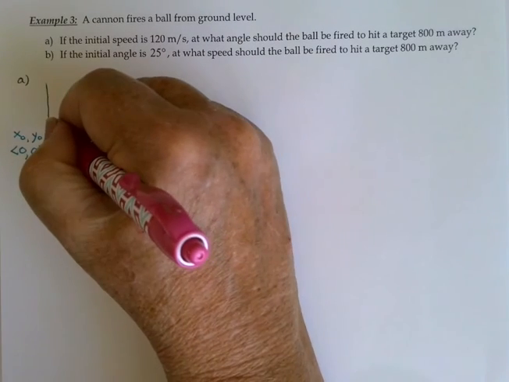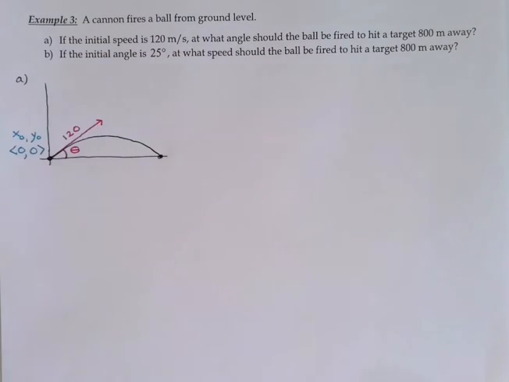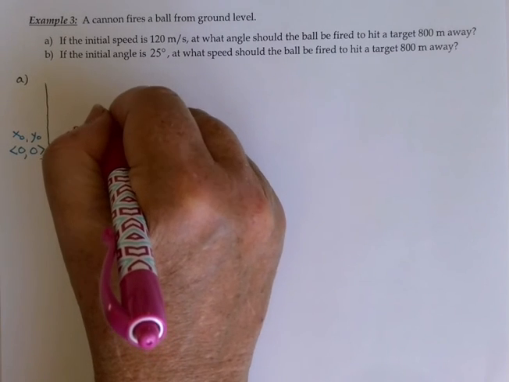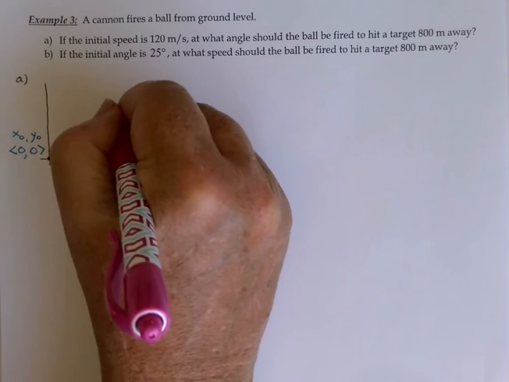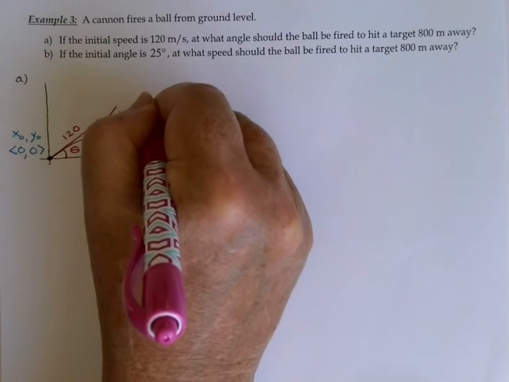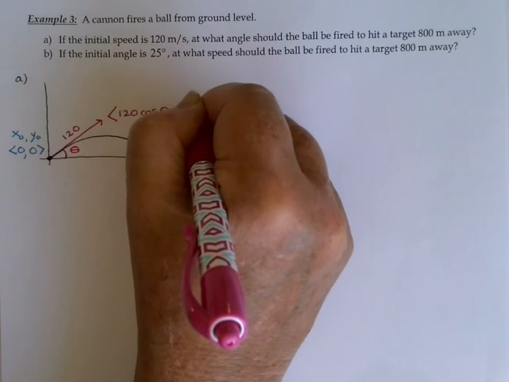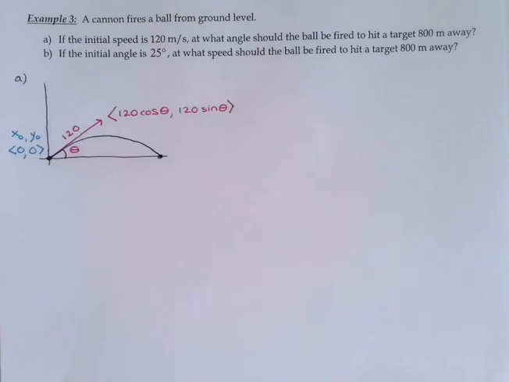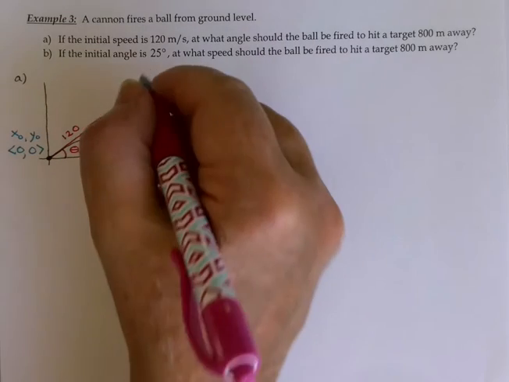But I do know the initial speed, the magnitude of the velocity vector was 120 meters per second. So I'm going to go ahead and say this is 120 cos theta, 120 sine theta. I can't simplify beyond that, since I don't know theta in this case.